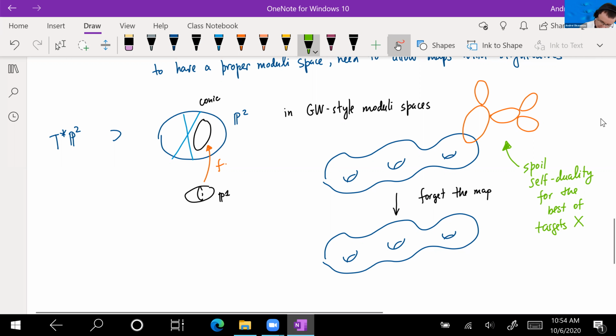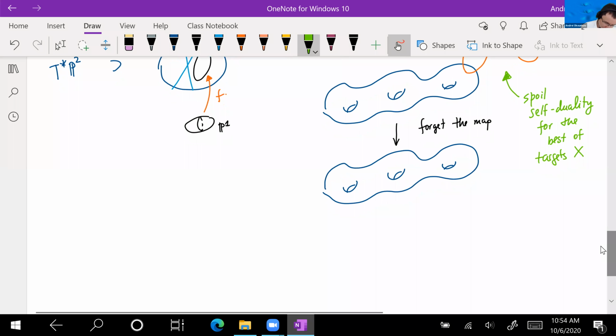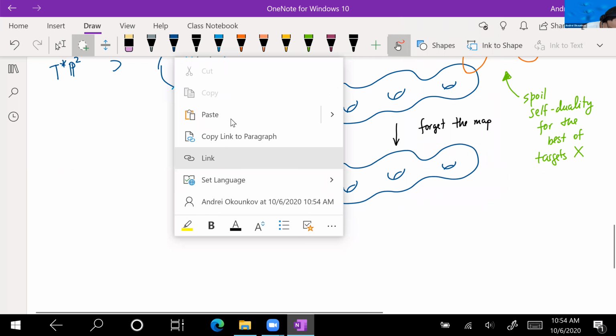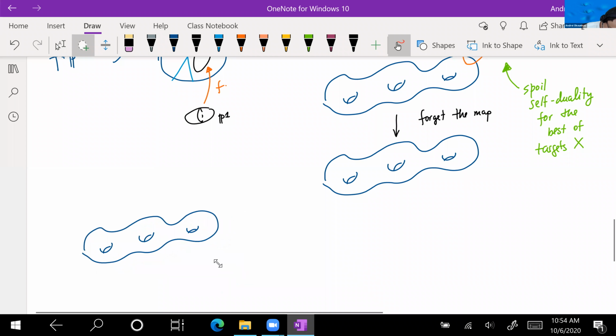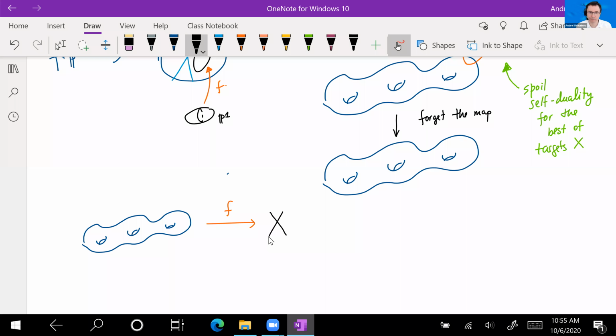And why is that? If I study a map from my curve, I have a map f to X. And let's say, for the sake of the argument, let's say this X is smooth.